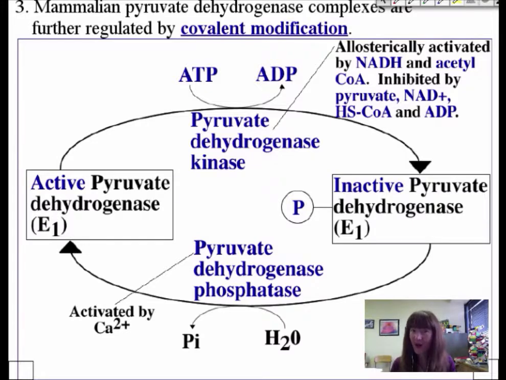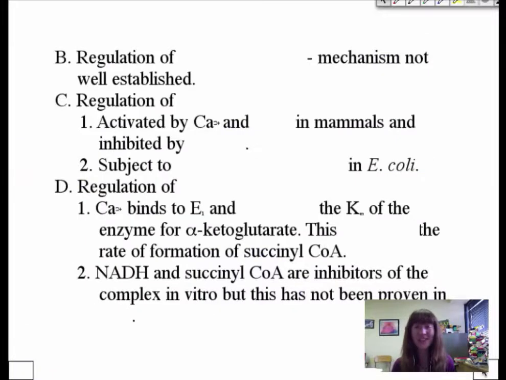We're not quite done with regulation yet, because now that we've talked about the transition step and the pyruvate dehydrogenase complex, we need to now look at the 3 enzymes in the TCA cycle that are regulated as well, beginning with citrate synthase, of course, that catalyzes step 1. But remember how nebulous this particular step was, because scientists are having trouble even measuring the accurate concentrations of oxaloacetate.